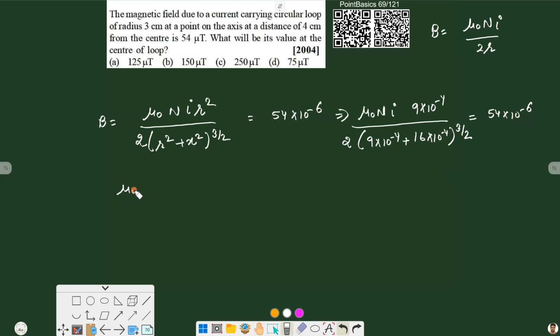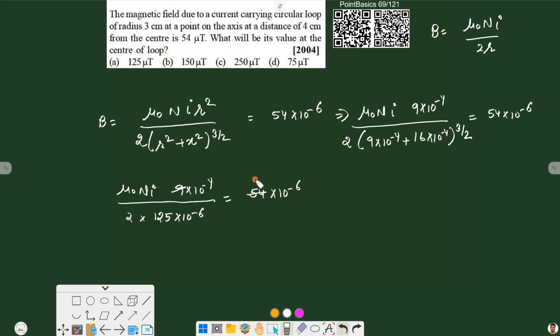So this will be mu node ni 9 into 10 raised to power minus 4 divided by twice 9 plus 16 is 25 into 10 raised to power minus 4. Under root will be 5 into 10 raised to power minus 2, and cube will be 125 into 10 raised to power minus 6, is equal to 54 into 10 raised to power minus 6.